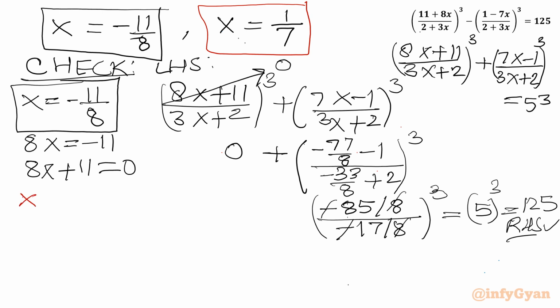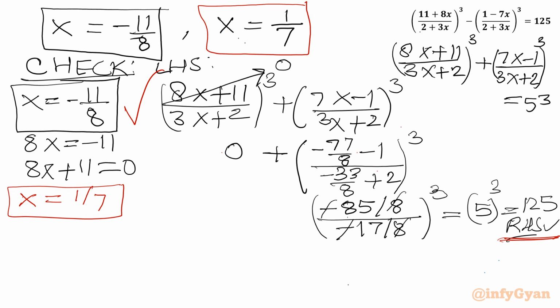So let me write here x is equal to 1 over 7. We have verified LHS equal to RHS. Now x is equal to 1 over 7. So this time the second bracket.